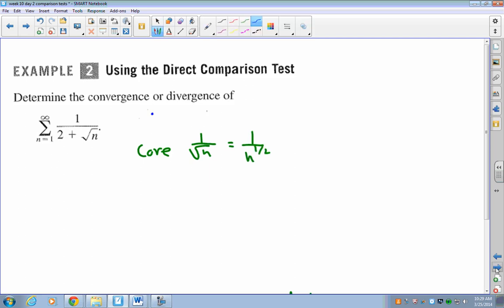Who's the annoying? The plus 2. Okay? So, 1 over n to the 1/2. Who's bigger? Which one? Green? Who's okay with that? So green's bigger. Okay.